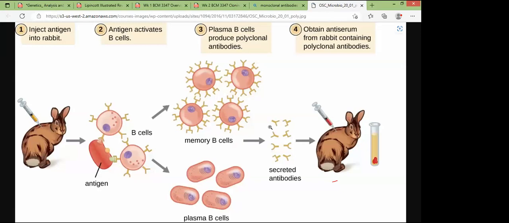So let's use this diagram to summarize how we produce the antibodies.